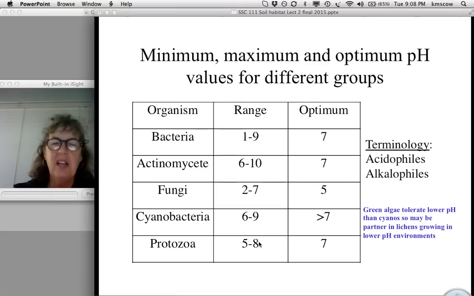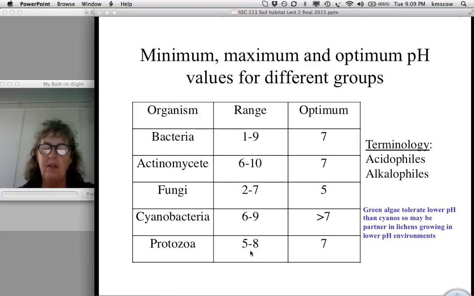What I was going to say is, in hot springs, you have these extreme environments, and they might also be associated with pH extremes, but it's probably more likely temperature, where the protozoa are shut out under the more extreme conditions, and there you see these massive outgrowths of bacteria and archaea, because there are no predators there to knock them back and prevent them from taking over and growing these enormous mats of organisms.